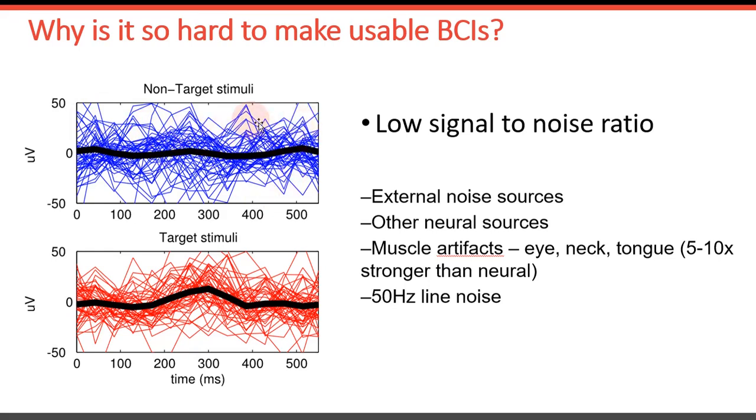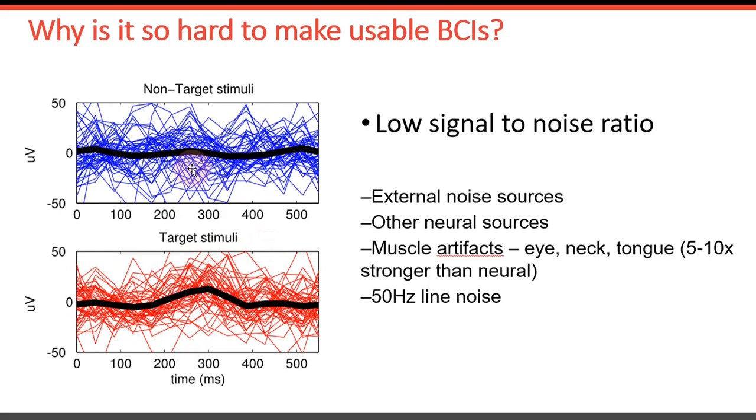They show some different distribution. Visually it's hard to say that there is some pattern. Only after averaging hundreds of trials can we see some trend. While in the target case, okay, so red here represents some individual case of brain response to a target stimulus, and the average information here.